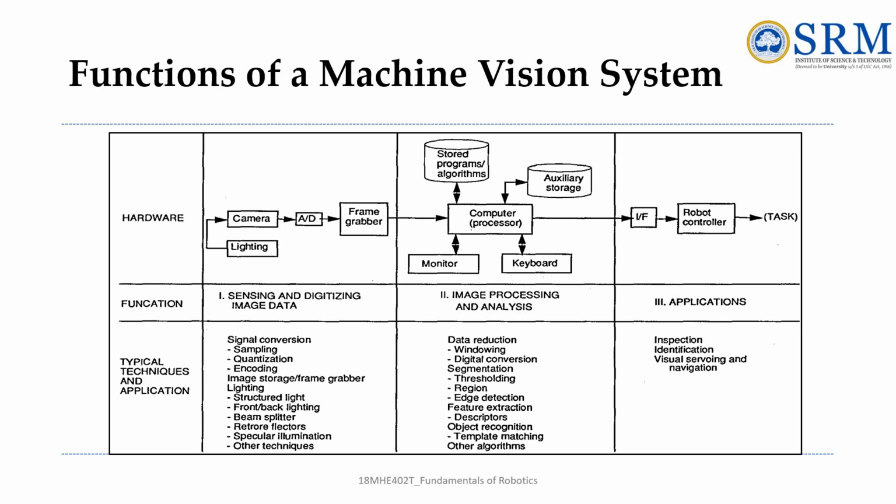So first, image data reduction. It has digital conversion and windowing techniques. Next, segmentation: we have seen thresholding, region, and edge detection. Then feature extraction and object recognition. So first, data reduction. The objective is to reduce the volume of data.